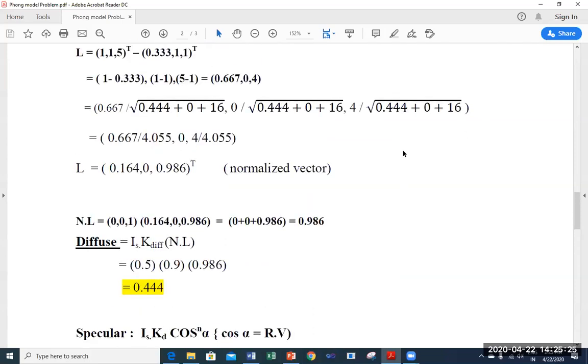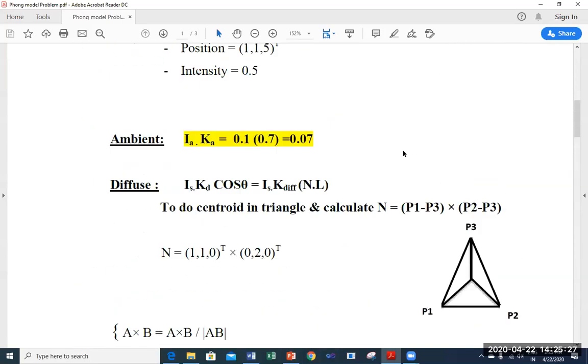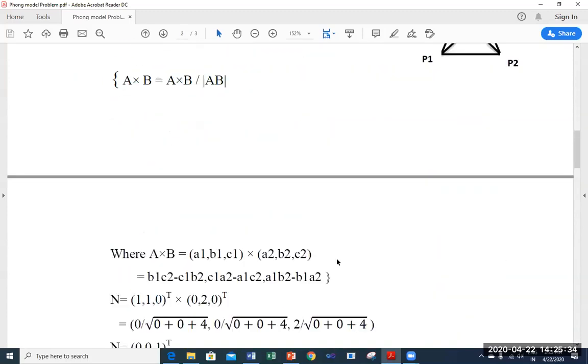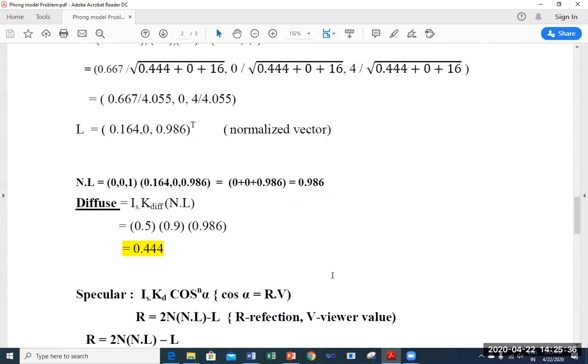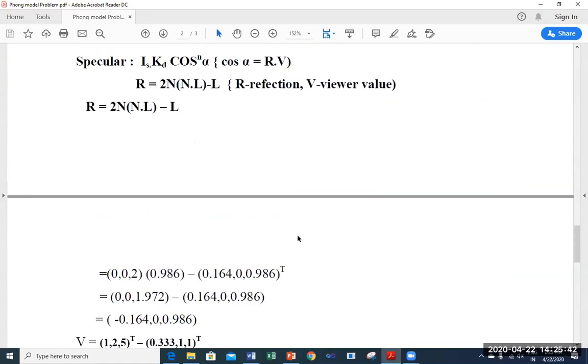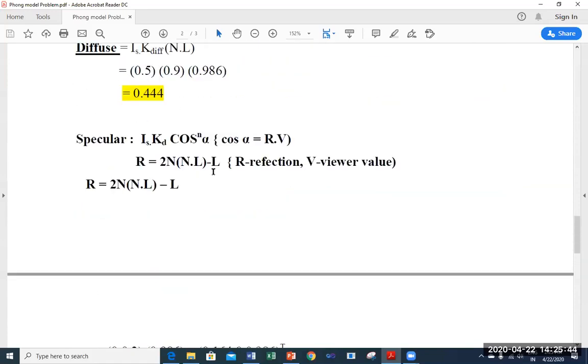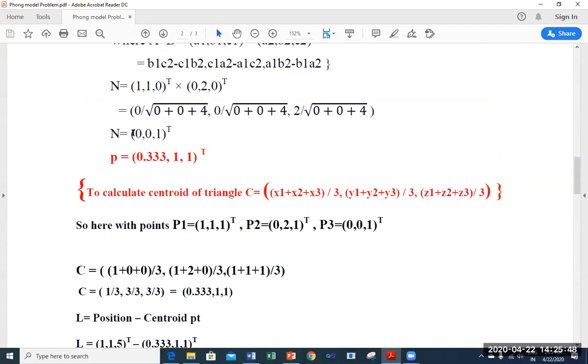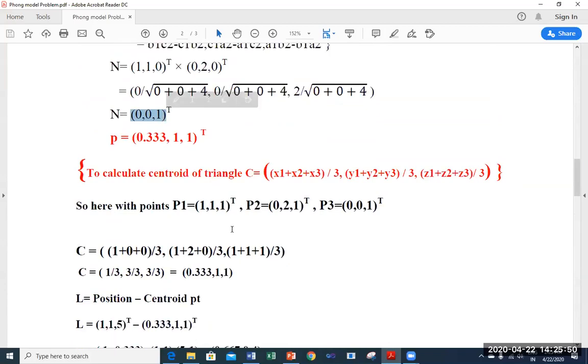The viewer value is already given. What is the viewer value? You can see the viewer value is 1, 2, 5, right? So here you are going to first calculate the reflection vector value. For 2N, what is the N value we have calculated? The N value is 0, 0, 1.